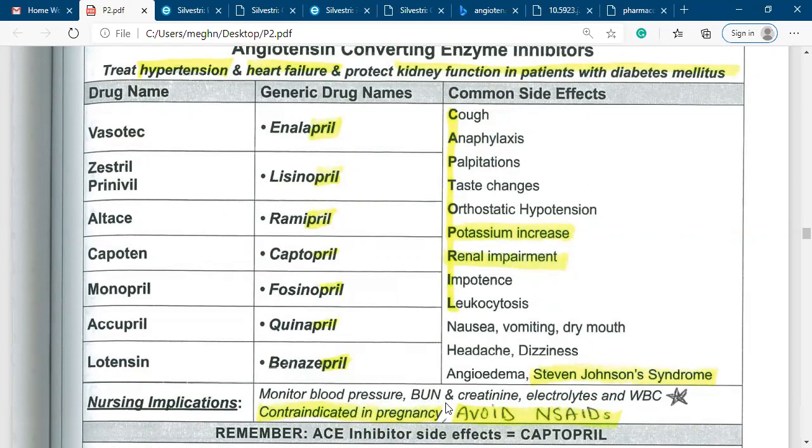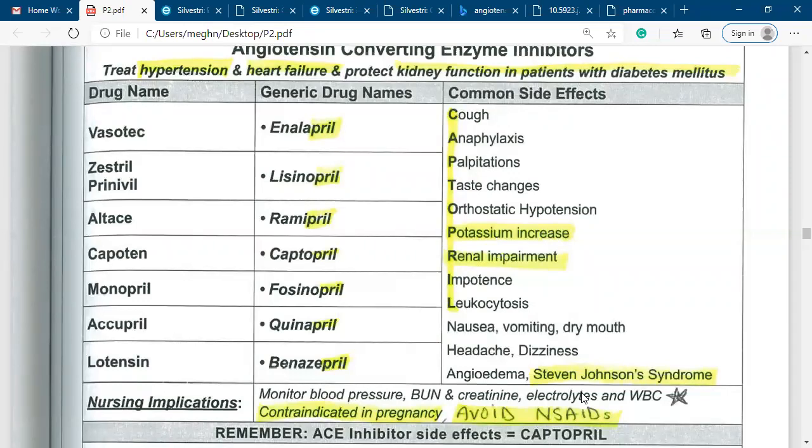So creatinine and blood urea nitrogen, shortly called BUN, are the indicator or marker of kidney function, right? And also we should check the electrolyte balance: sodium, potassium, right?